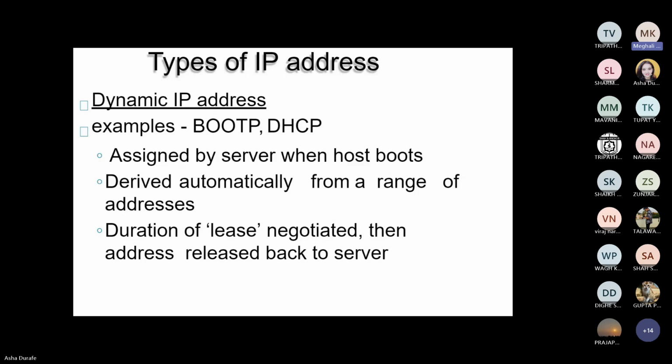So the assignment is not done manually by the network administrator, but by the server when the host boots. Examples are BOOTP and DHCP, Dynamic Host Configuration Protocol, which we are going to learn in this subject. So it is derived automatically from a range of IP addresses.